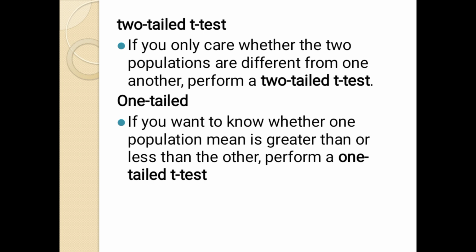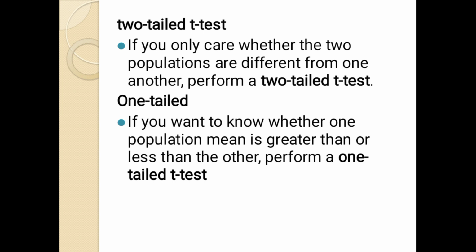If we want to know whether one population mean is greater than or less than the other population, that is, whether one group is greater than or less than another group, then we can consider a one-tailed t-test. So the two-tailed t-test is used when there are two different groups that differ from one another.